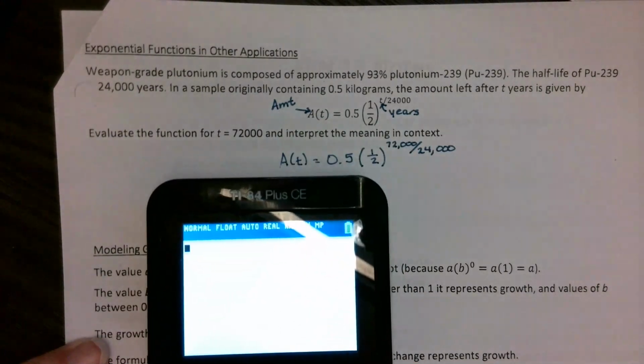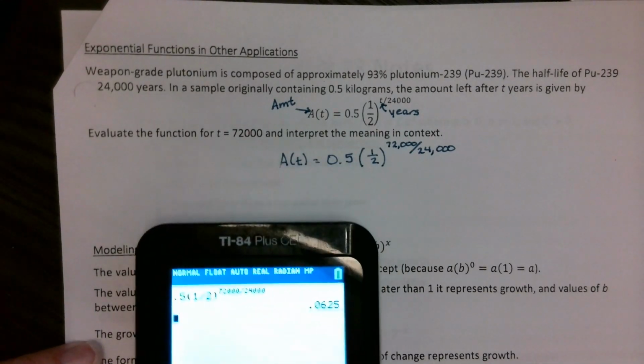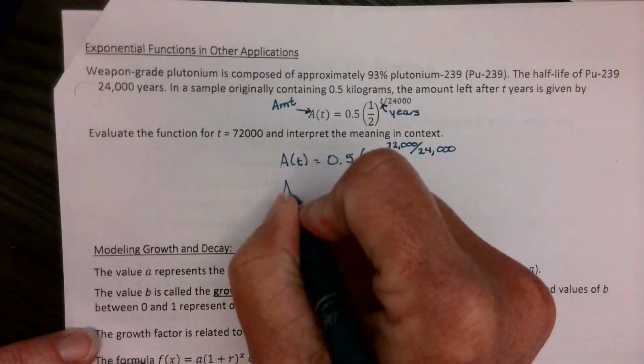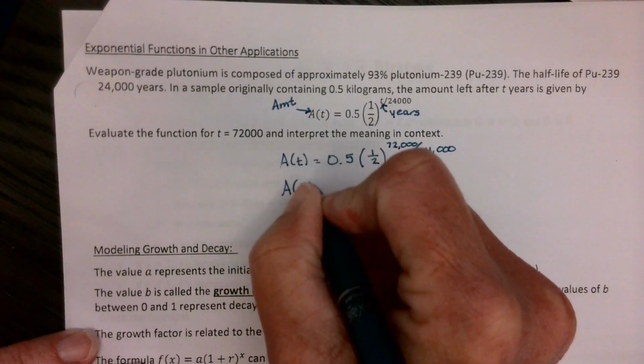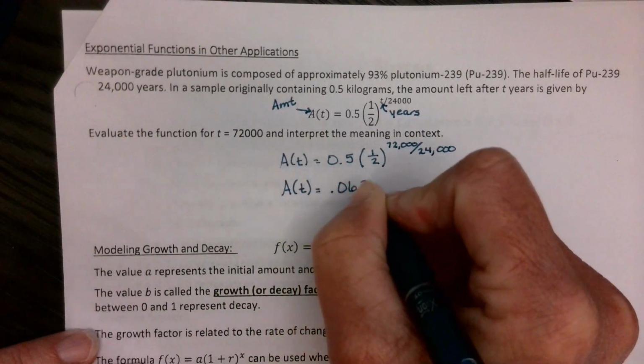So we've got 0.5 times 1/2 raised to the 72,000 divided by 24,000. Make sure I got all the right zeros. It looks right, and we get this amount. So the amount that's left is 0.0625.